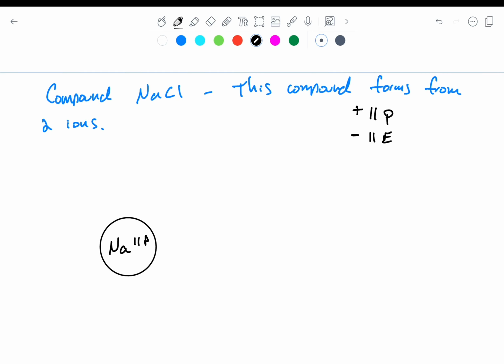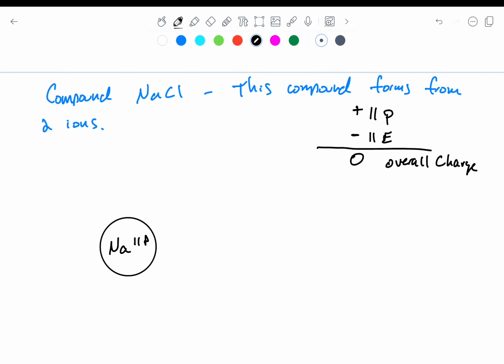So if we were to add positive 11 plus negative 11, we know that the overall charge is 0. So in just regular good old sodium, there's no charge because this is balanced. You have 11 protons balancing 11 electrons.